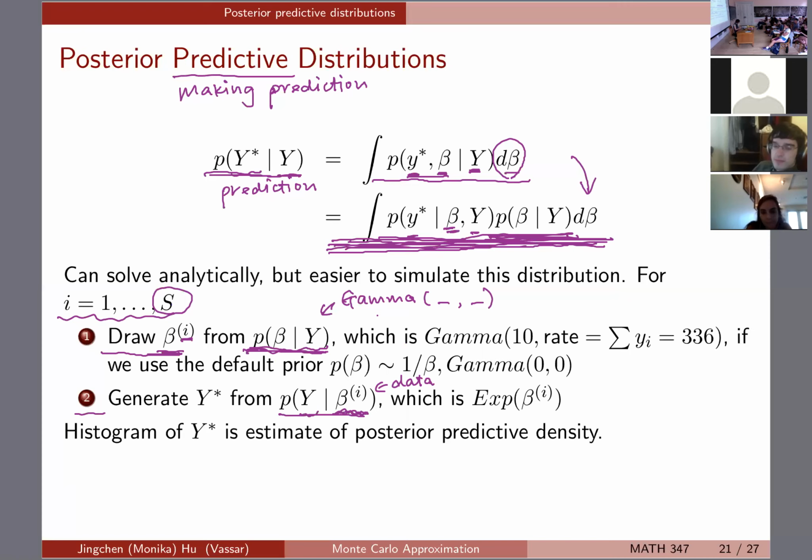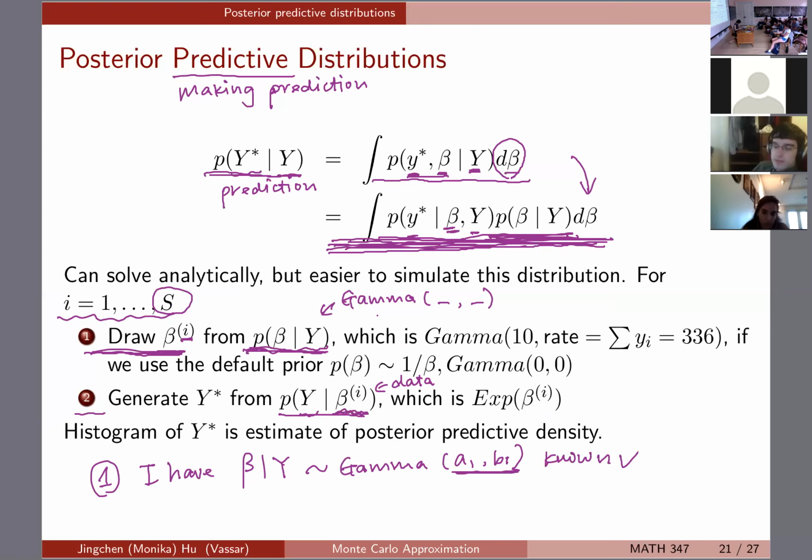So right now, first of all, I have the posterior of beta given y to be a gamma. I use A1 and B1 to represent the two hyperparameters, and I know this.